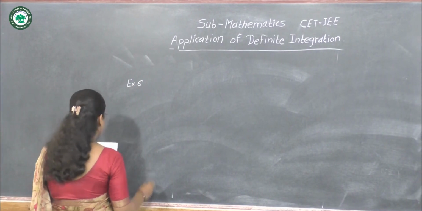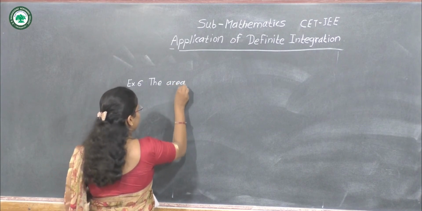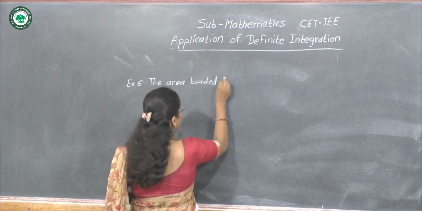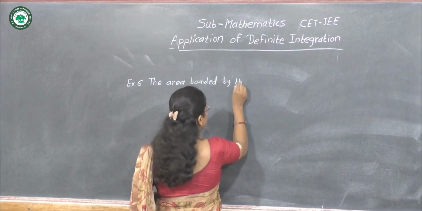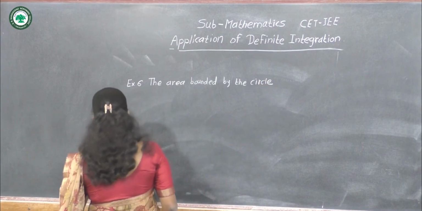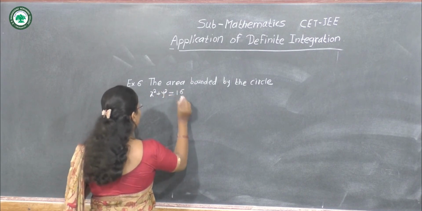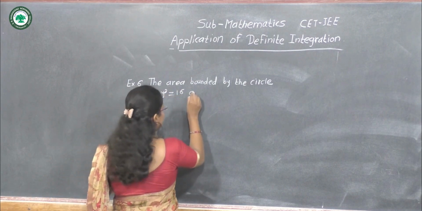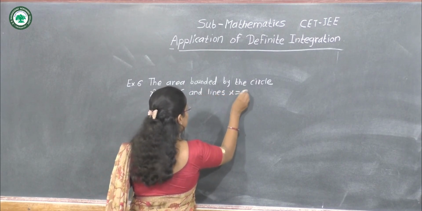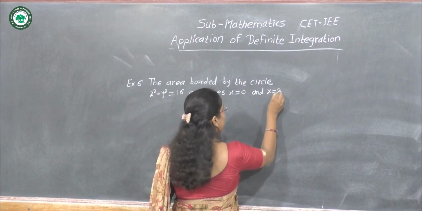Example 6. The area bounded by the circle x square plus y square is equal to 16 and lines x is equal to 0 and x is equal to 2 is.